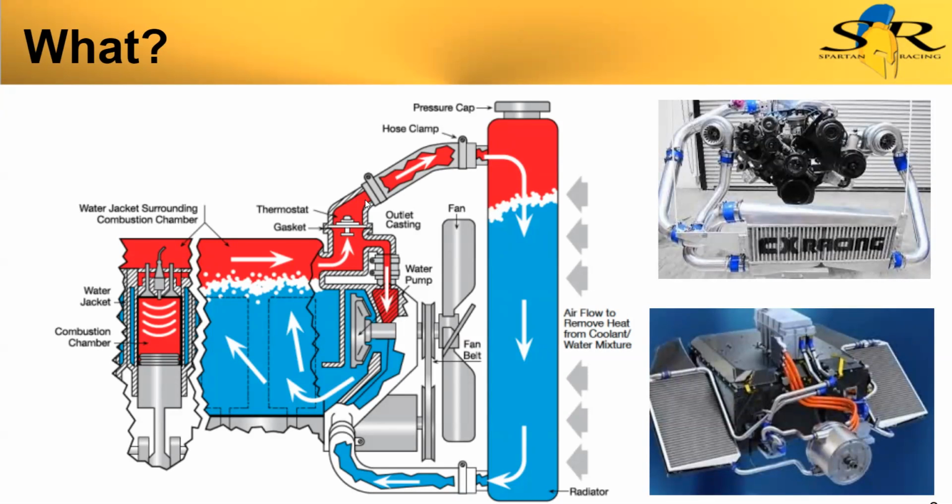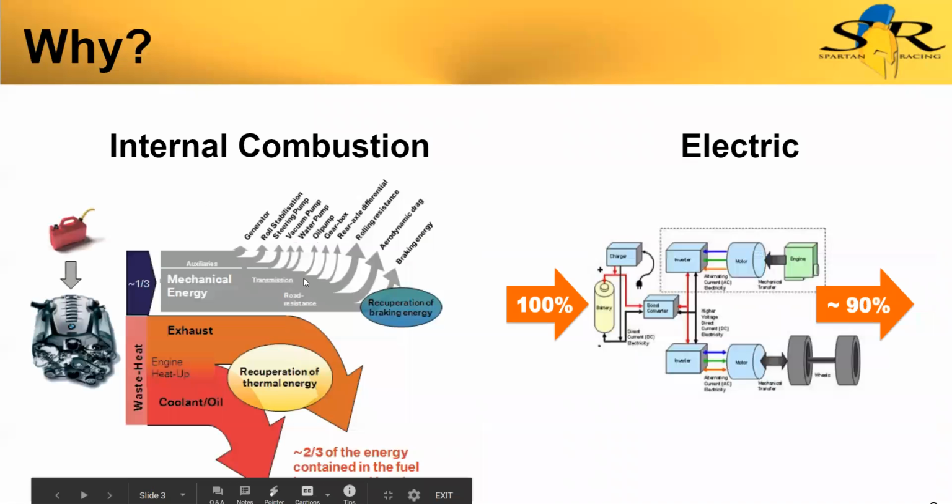First of all, what is cooling? So the cooling system just gets rid of heat, either from the engine or from the air intake or from electric vehicle motors. And the reason why we need it is that internal combustion and electric vehicles are not perfectly efficient.